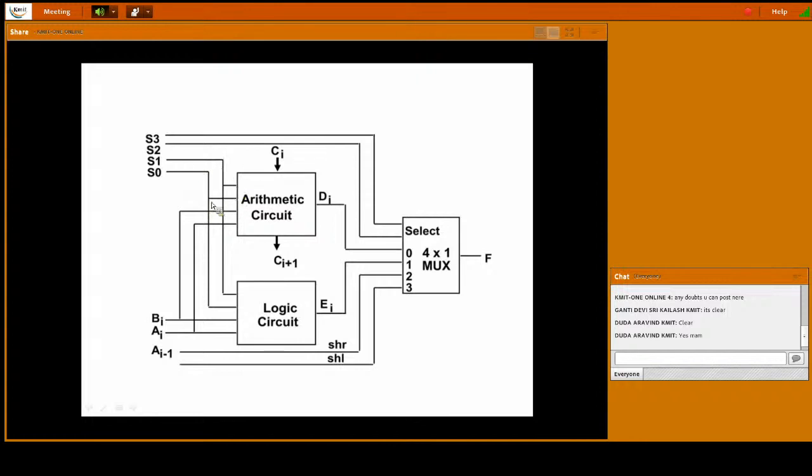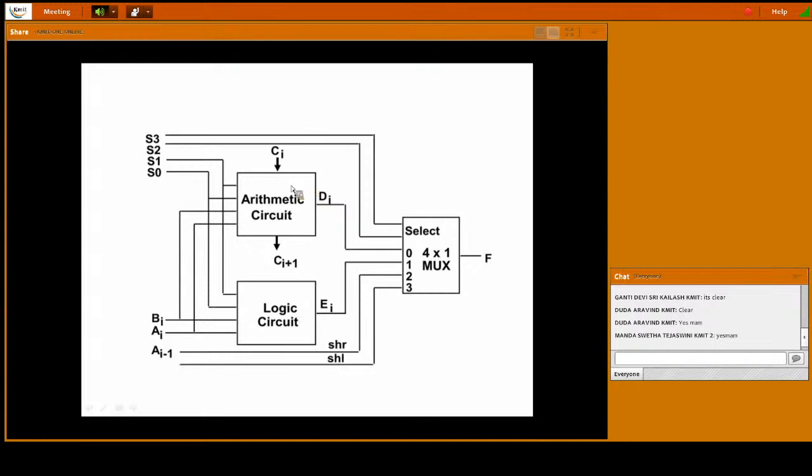These two selection lines should be given as input to both the arithmetic unit as well as the logic unit. Now what will this arithmetic unit do? This arithmetic unit is responsible for performing all the arithmetic micro operations, but all the operations cannot be implemented at a time. Only one can be selected.